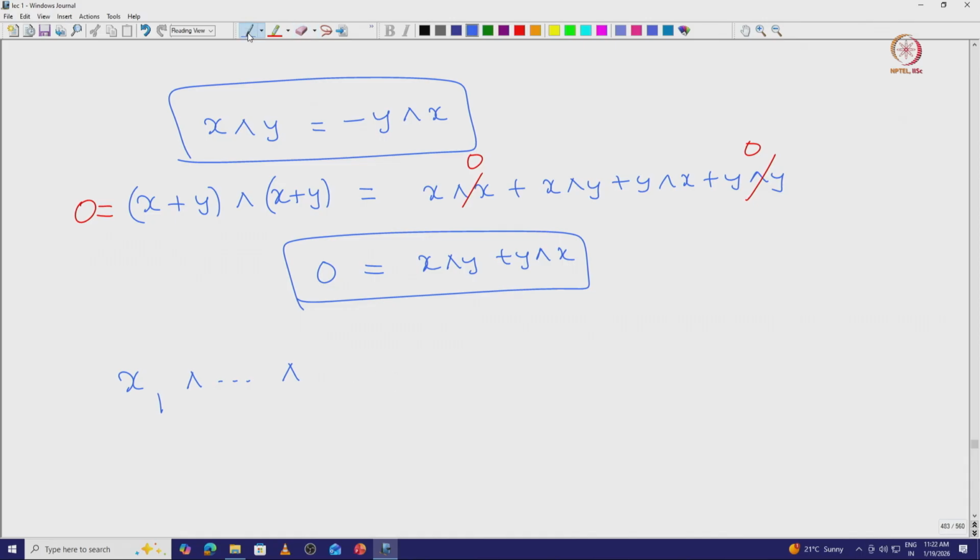I will leave it to you to check this. So you have x1 etc. wedge xi etc. wedge xj etc. wedge xk, and if you switch this xi and xj, what you get is minus x1 wedge etc. wedge xj wedge etc. xi wedge etc. wedge xk. So you get a minus sign here.